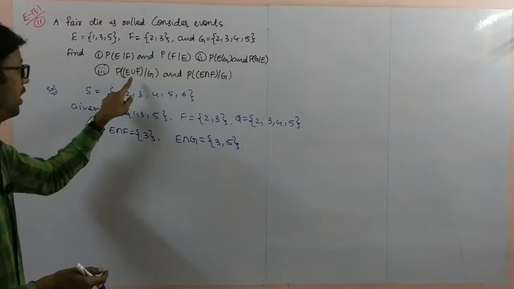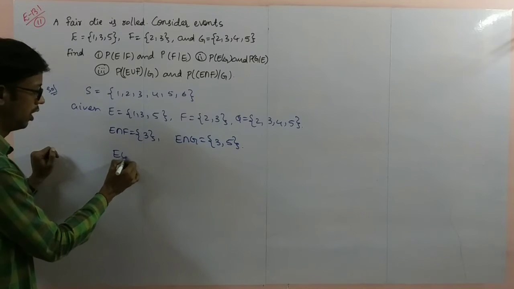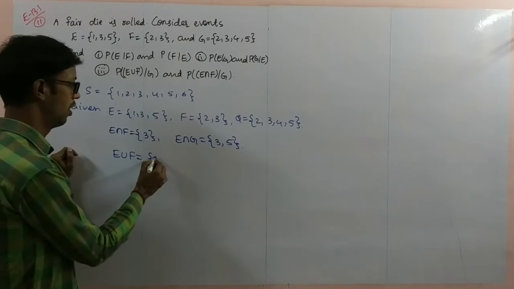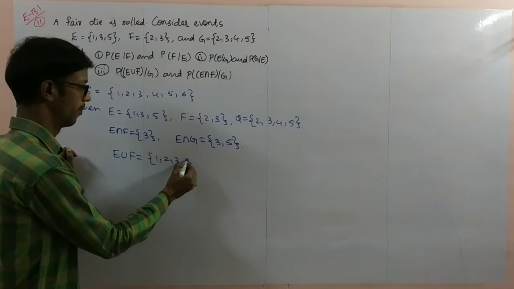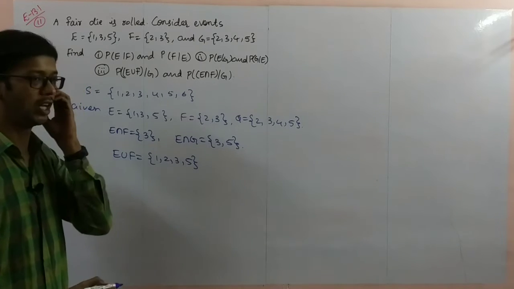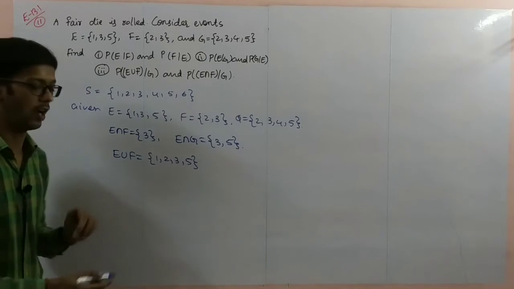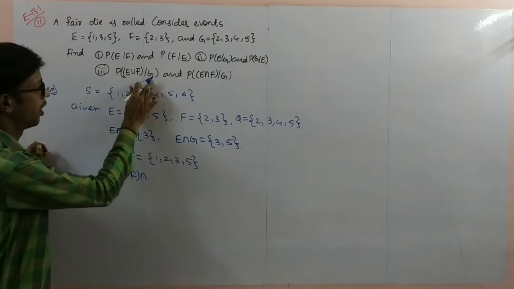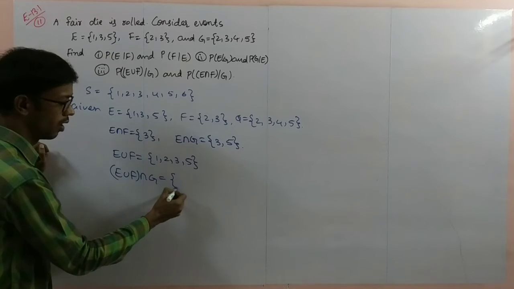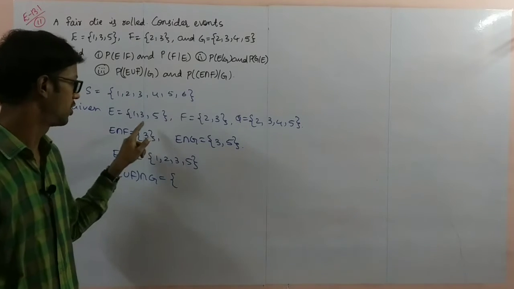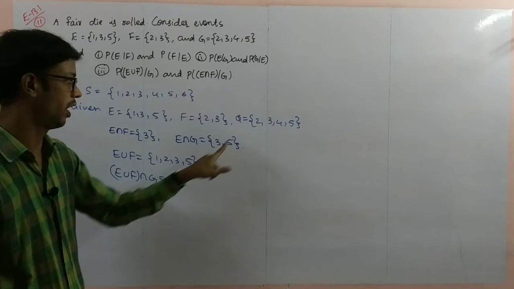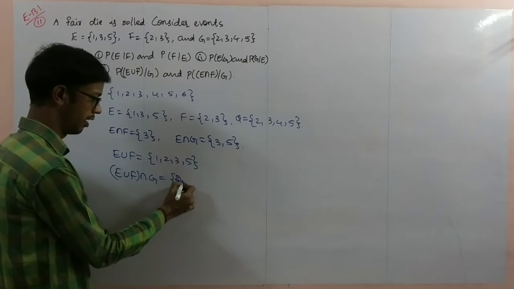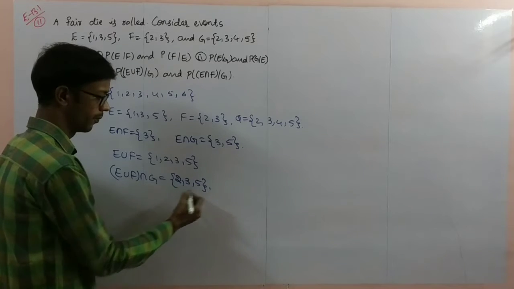So next one, here we also need E union F first. E union F I'll find here: 1, 2, 3, 5. Next I'll find E union F intersection G. With 1, 2, 3, 5 and 2, 3, 4, 5, the intersection part is 2, 3, 5.